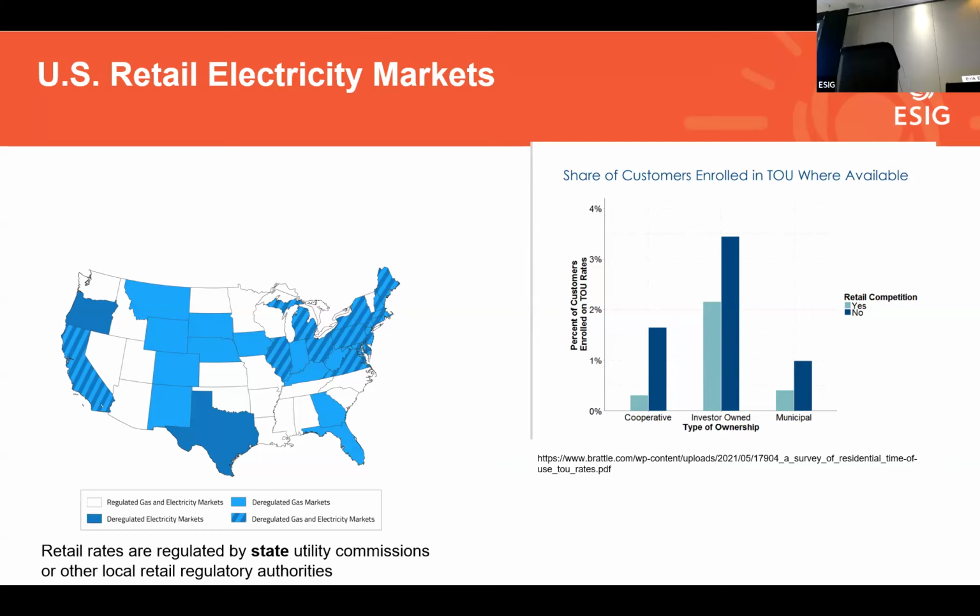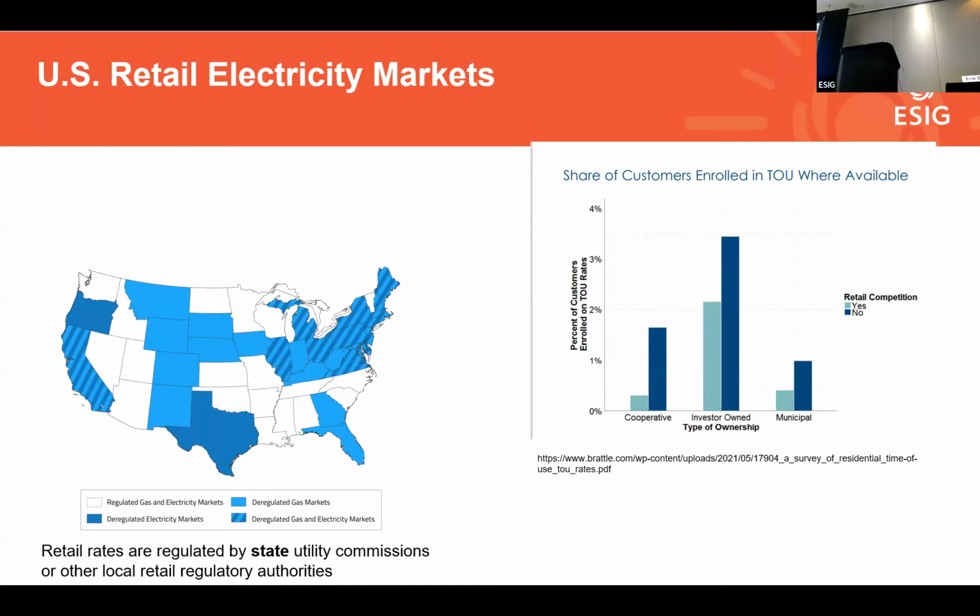So first, and this is a poor attempt, and at some point we'll get some graphics people to improve this, this is a map. For now, please just look at the dark blue and the striped states.